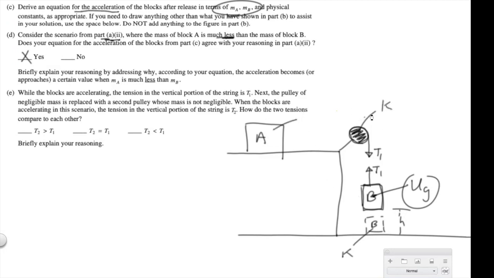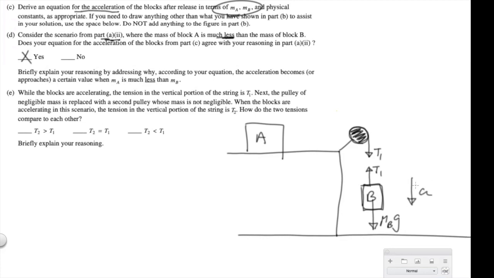My point in saying this is, if we add mass to the pulley, the acceleration of the system is going to go down, just because now there's more to accelerate. The mass of the system has gone up. So if the acceleration of the system goes down, let's look at block B. The other force is the weight of block B, and we know that the acceleration's down.